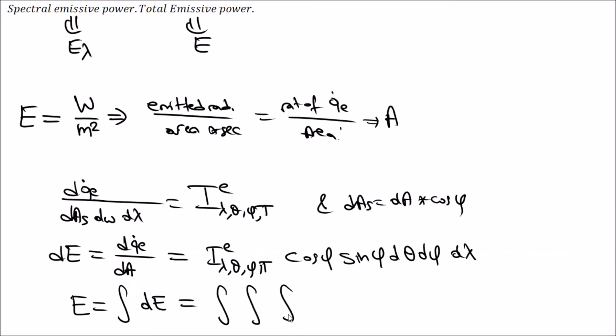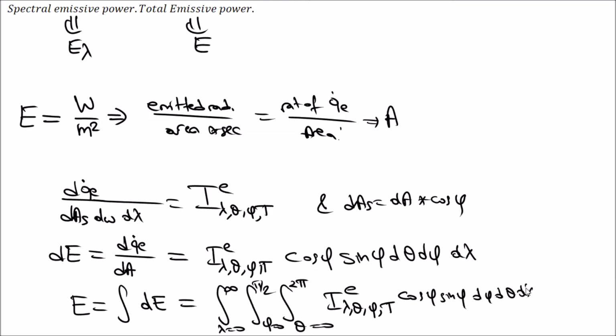So for theta it is from 0 to 2 pi, for phi it is from 0 to pi by 2, and for lambda it is integrated over all wavelengths. Then you will have I of lambda, theta, phi and the temperature, emitted, cosine phi sine phi d phi d theta d lambda. That is the definition of the total emissive power for real surfaces.